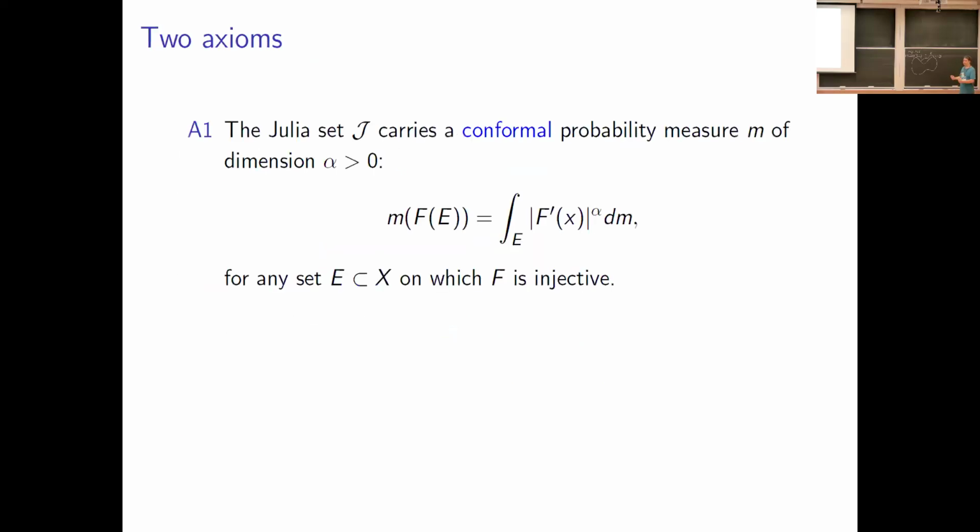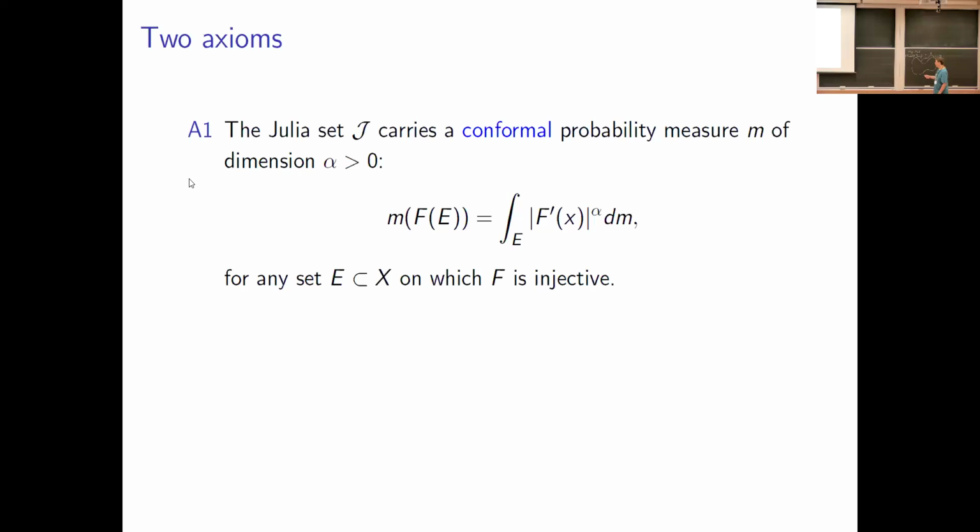To state the orbit counting theorem, we are forced to make two assumptions on the rational map. The first assumption asks that the Julia set carries a conformal measure of dimension alpha, where alpha is some positive number.